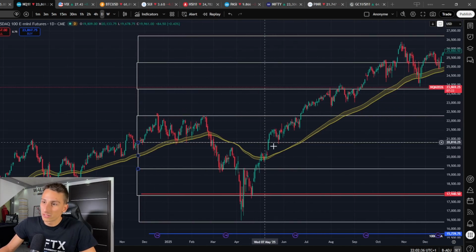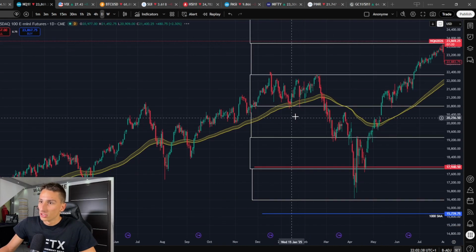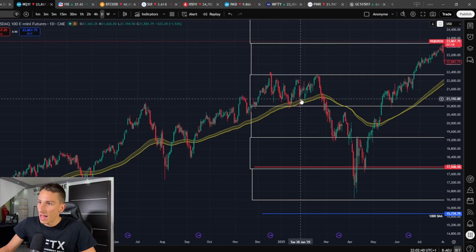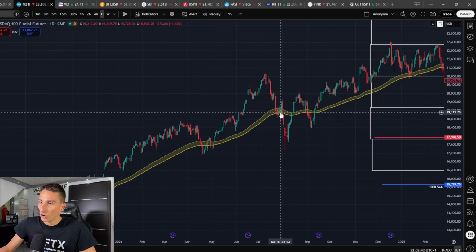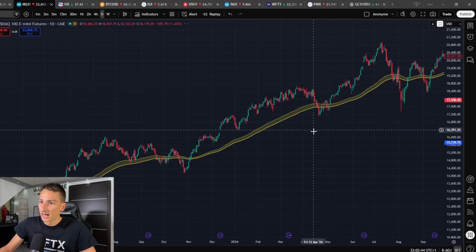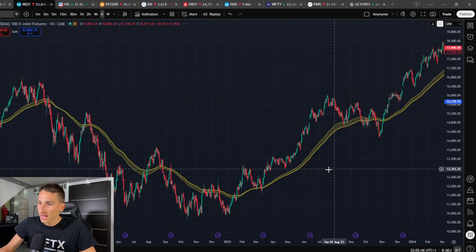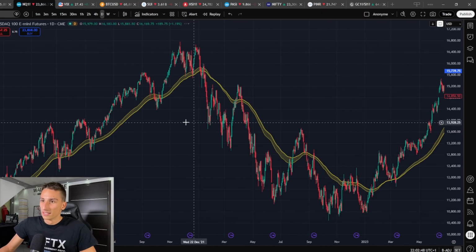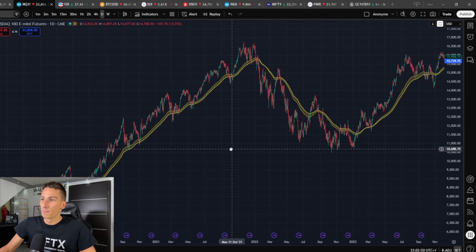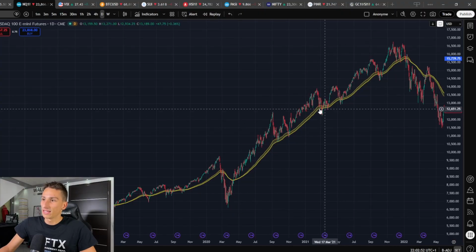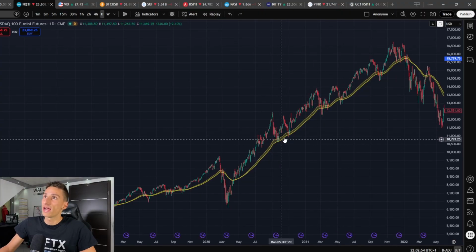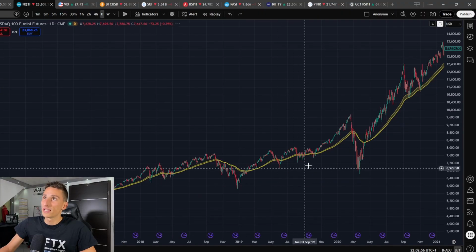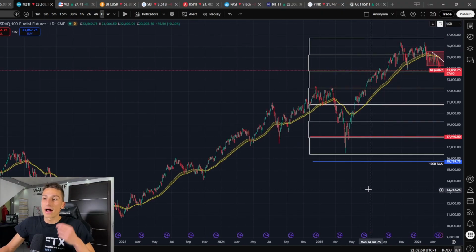Wonderful signal to take a long right there. Or just a pullback over there, bam, bam, bam, bam. Or here, too, here, too, here, too. That's just a perfect signal, especially when the market is trending.